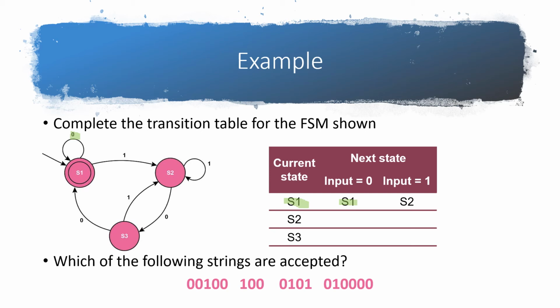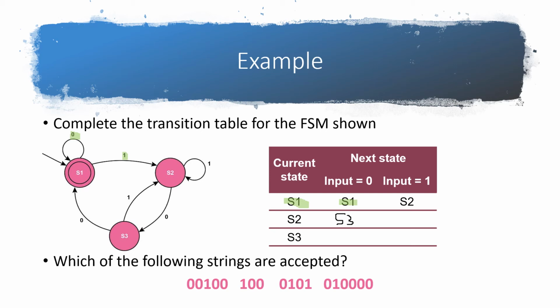If we're on S1 and we input a 1, we're going to move to S2, which is that transition there. If we're on S2 and we input a 0, we're going to go to S3.